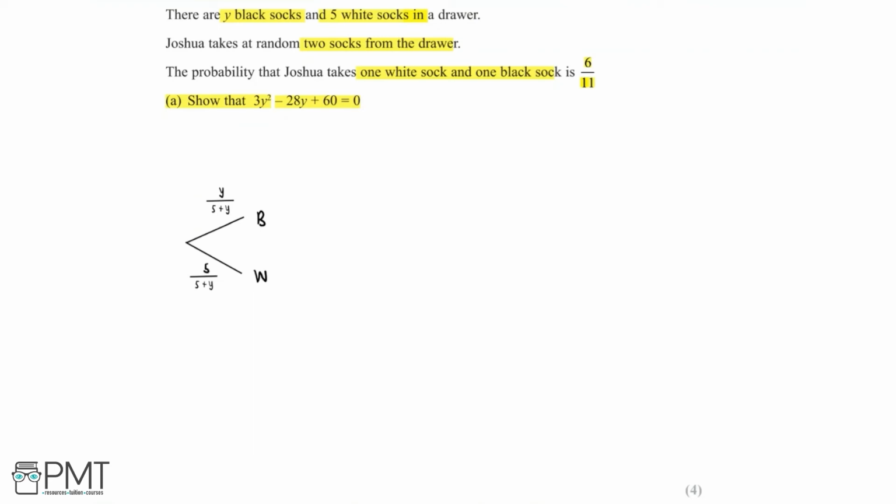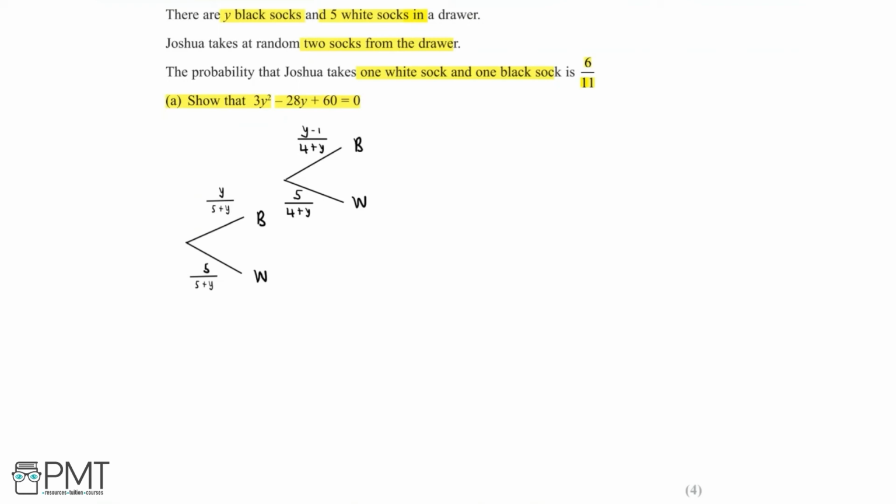Now if Joshua takes a black sock, the number of black socks will decrease by 1, but the number of white socks will stay the same, and so we'll have new fractions. Once Joshua has taken a black sock, the new probability of choosing a black sock again will be y take away 1, since there are y minus 1 black socks left, over 4 plus y, and the probability of taking a white sock would be 5 over a new denominator of 4 plus y. Now we can apply the same logic if he takes a white sock the first time round.